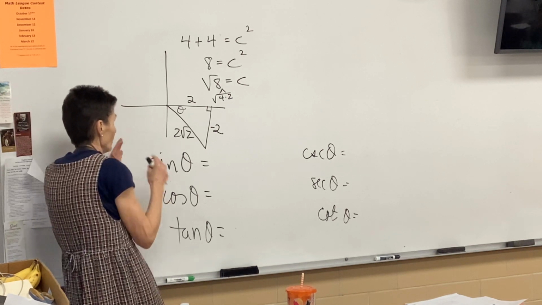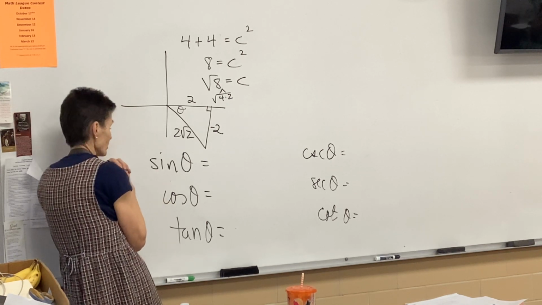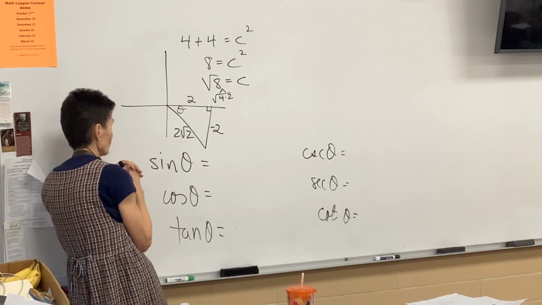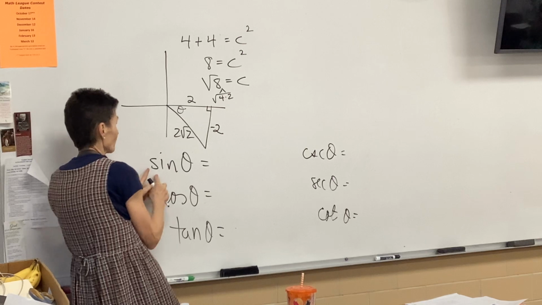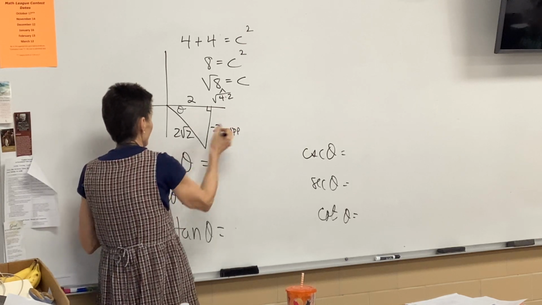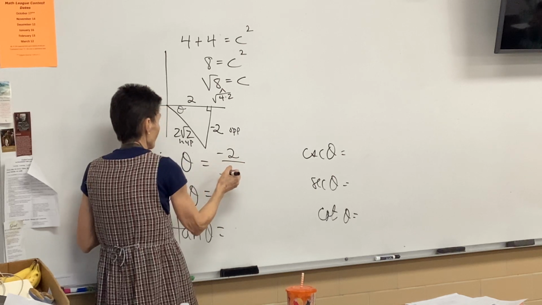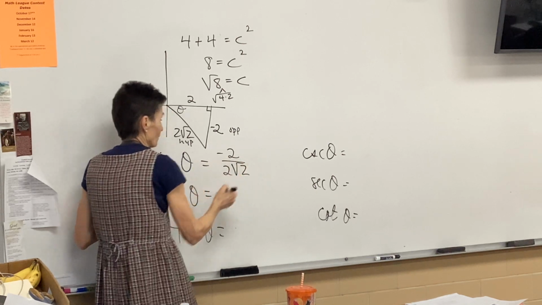All right, so here we go. This is going to be a little bit wacky, but don't worry, you've got this under control. Sine is opposite over hypotenuse. So -2 over 2 root 2.